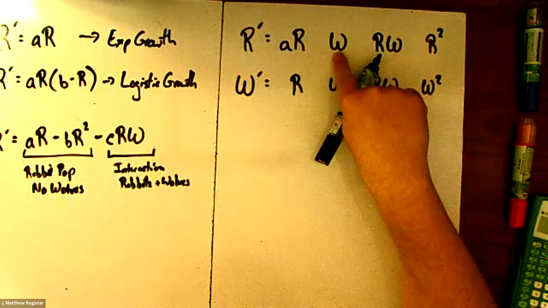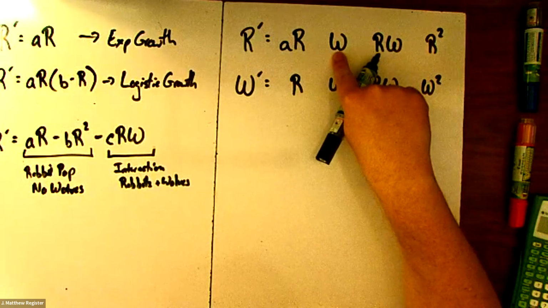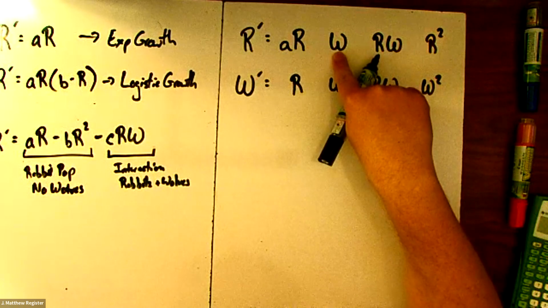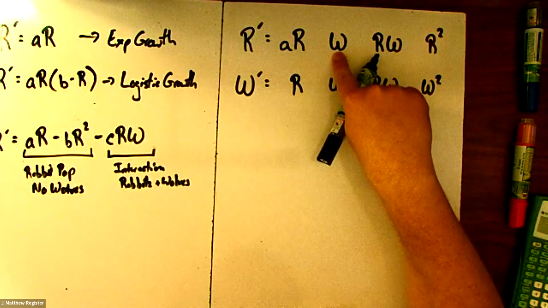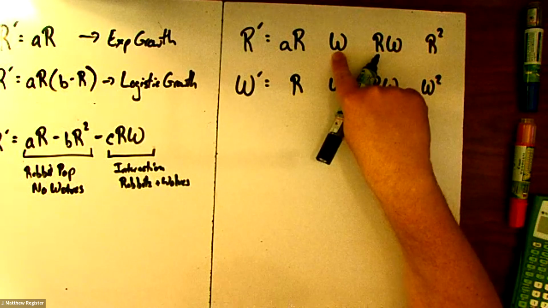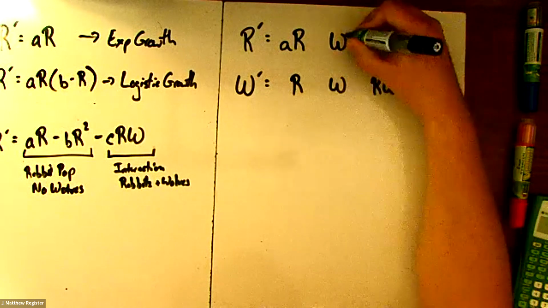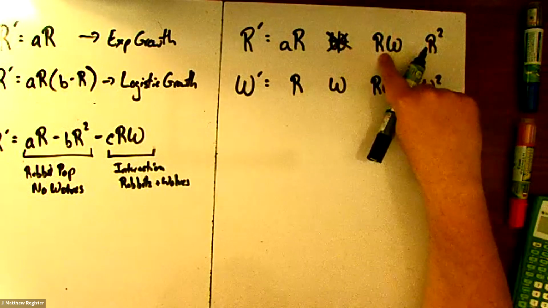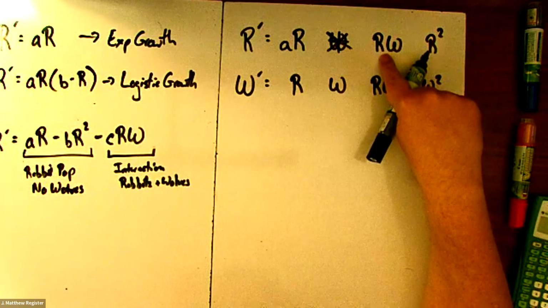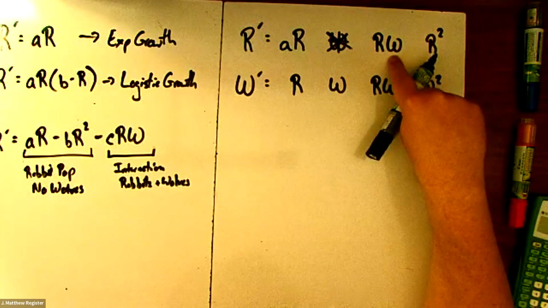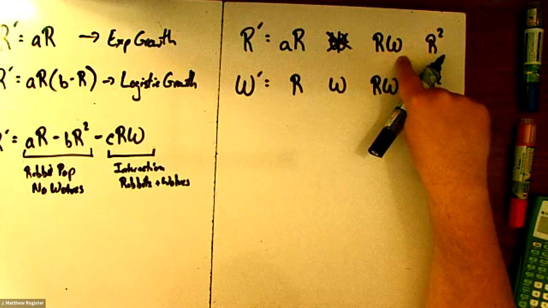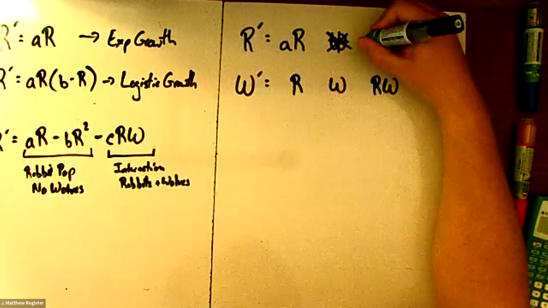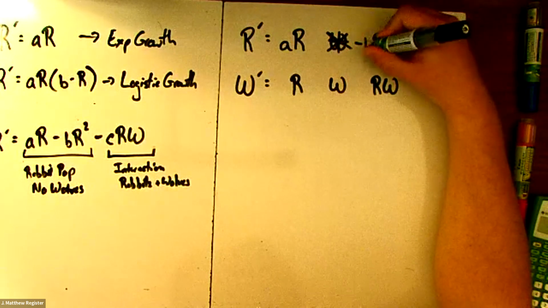This term is saying what happens to the rabbit population when there are no rabbits and only wolves. Well, it's not going to affect the rabbit population because there are no rabbits. This term is saying what happens when the rabbit and wolf populations interact with one another. And like we mentioned, when rabbits and wolves interact, it has a negative effect on the rabbit population. So we would expect this to be negative.